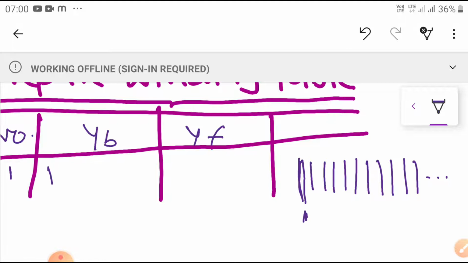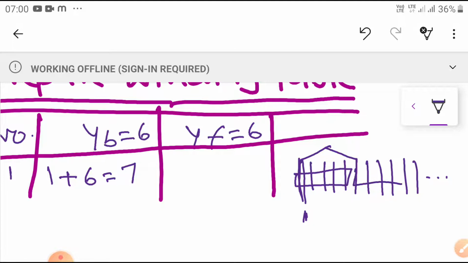So 1 plus YB equal to 6, and YF equal to 6. So 1 plus 6, I am going to get the 7th. I am going to connect one pole pitch at the 7th conductor. Suppose this is one pole, this is another pole, and so on. So this is the 7th.